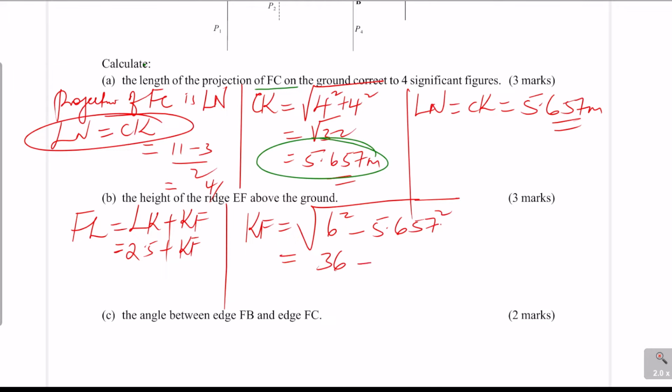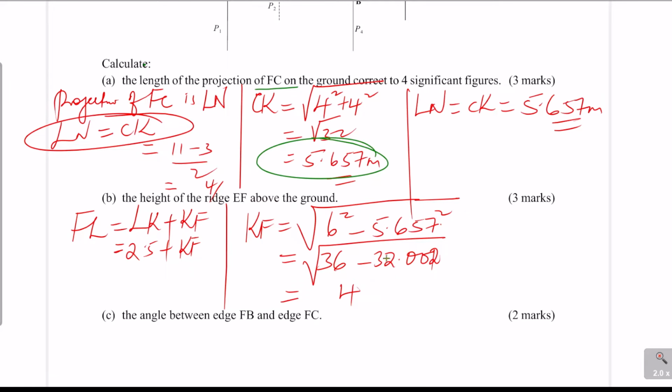So that will give 36 minus 5.657 squared, which is 32.001, around 32 there, correct to 4 significant figures 32.002.